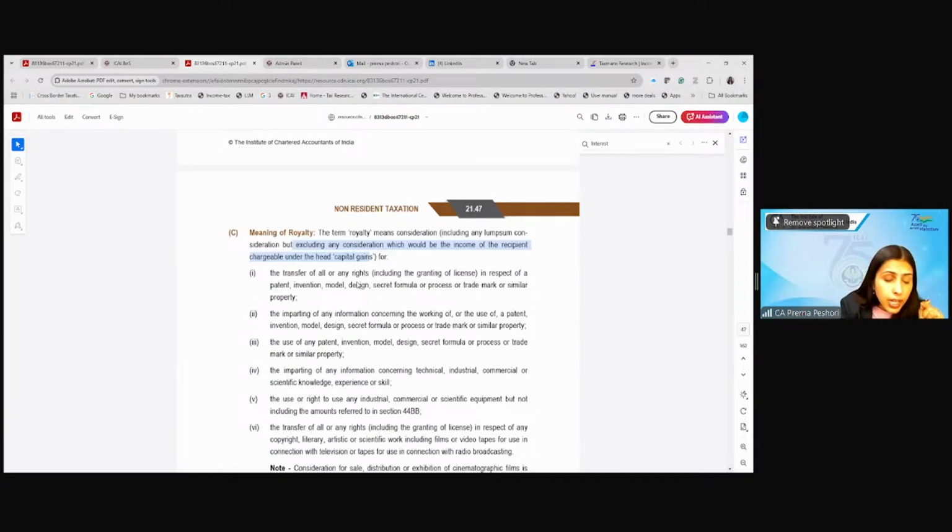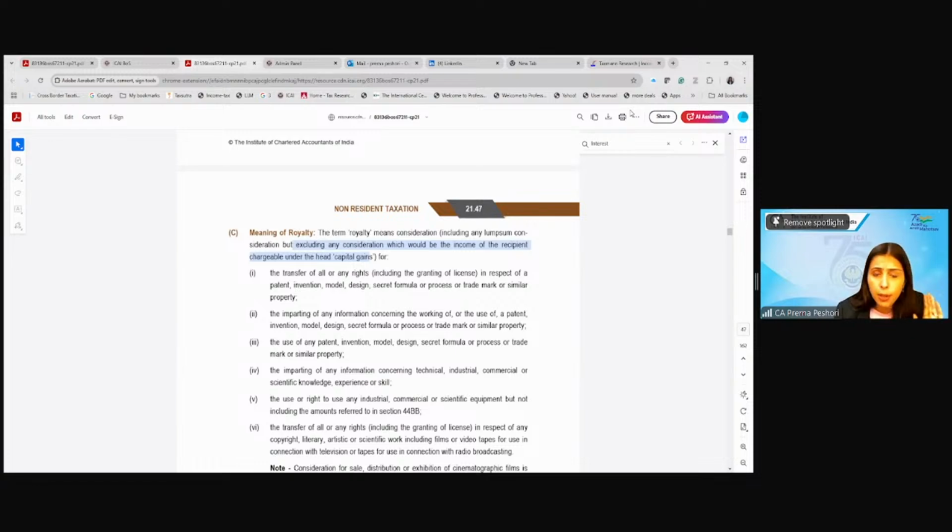When will capital gain be taxable for a non-resident in India? Correct. When the capital asset is situated in India. So only when the capital asset is situated in India, capital gain will be taxable.